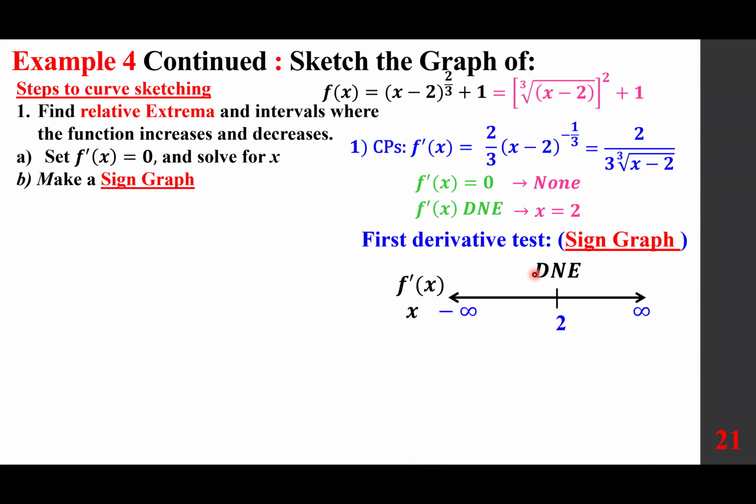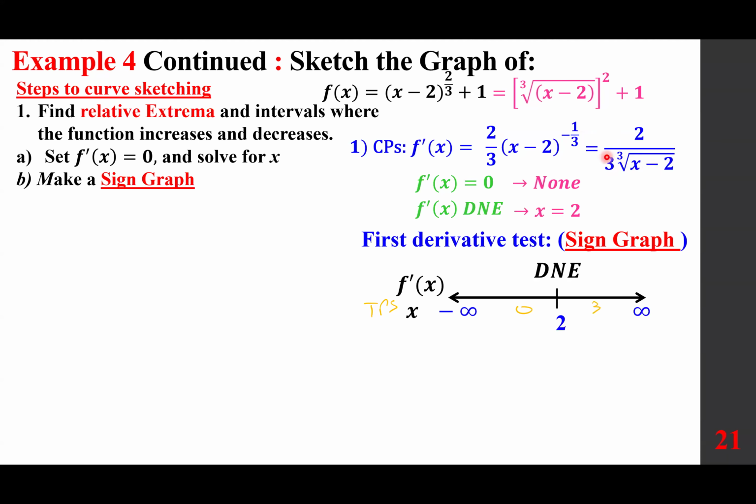Now, use a test point to the left of 2 and to the right of 2. The easiest point on the left would be 0, and on the right would be 3. If I put 0 into f prime, 0 makes this negative, the cube root is negative, everything else is positive, so the result is negative.